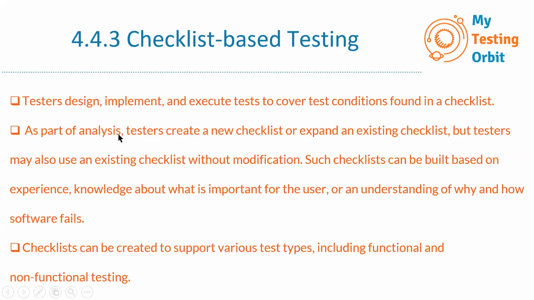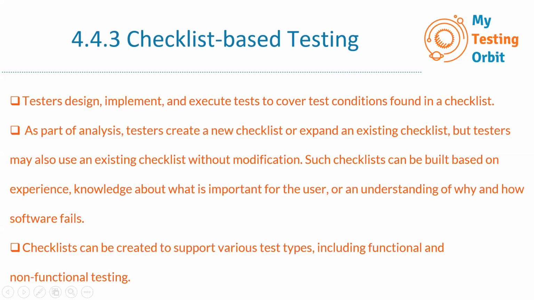As part of analysis, testers create a new checklist or expand an existing checklist, but testers may also use an existing checklist without modification. So if we already have a checklist, then the same checklist can be used without modification.